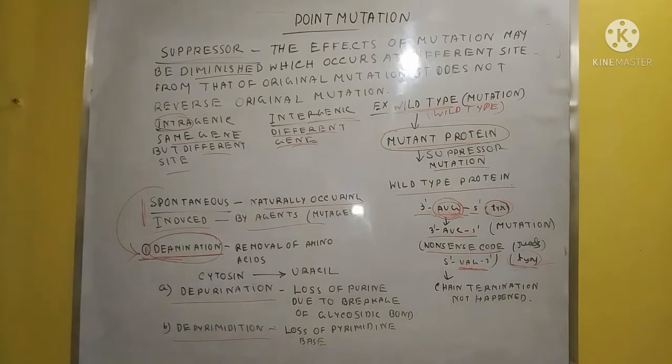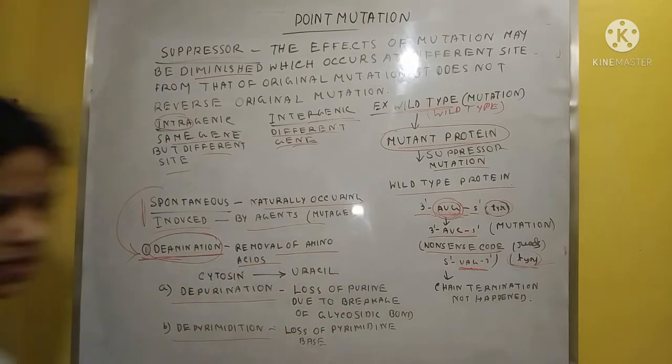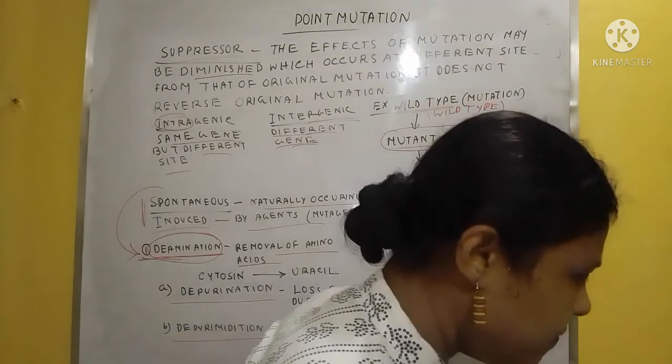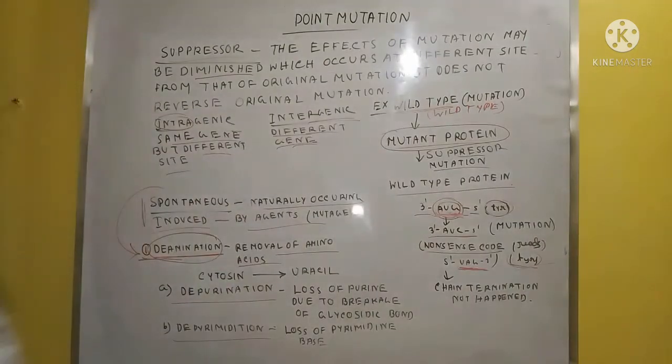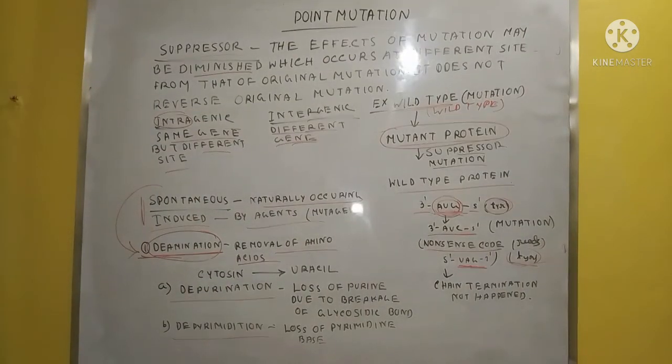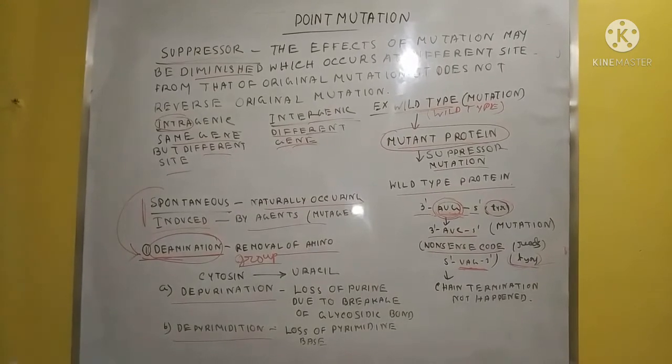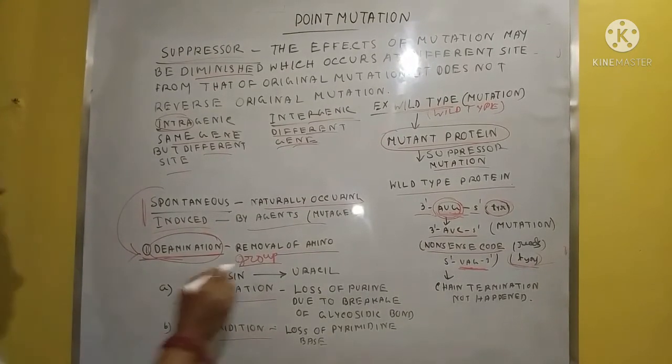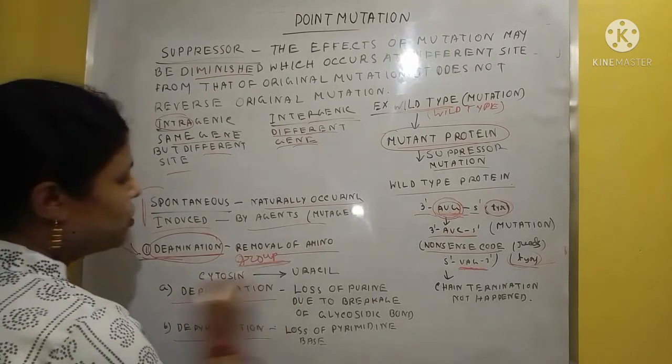Deamination means the removal of amino acids. Sorry, this is not removal of amino acid, this is the removal of the amino group. I had a doubt, and that's why I checked and then explained. Removal of amino group. Clear?